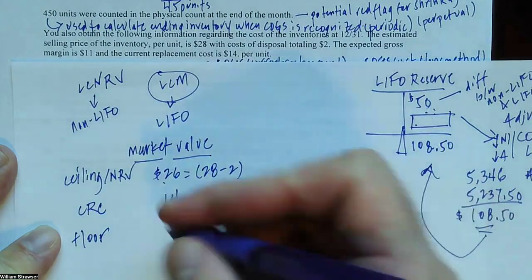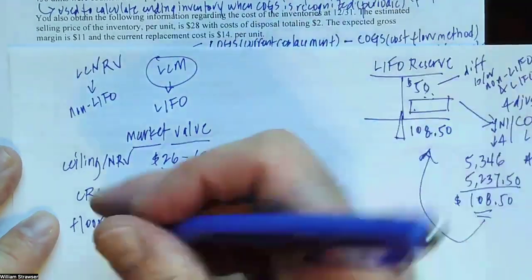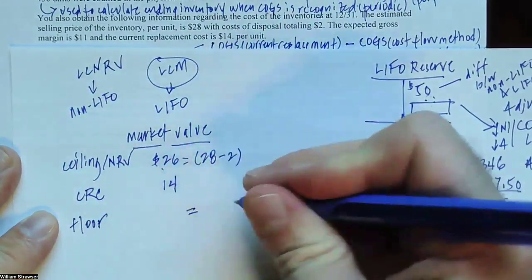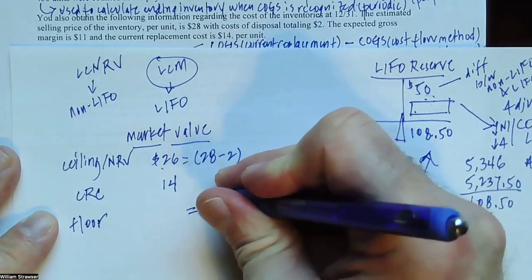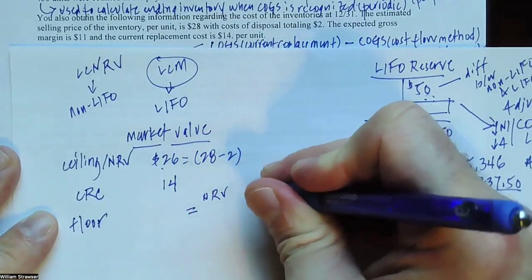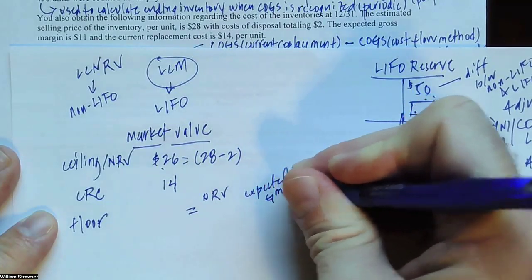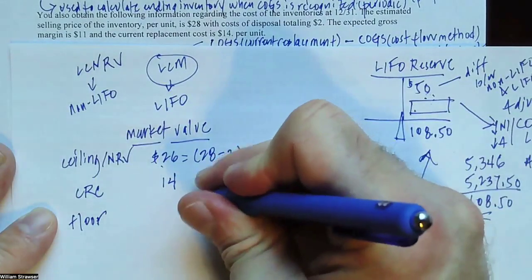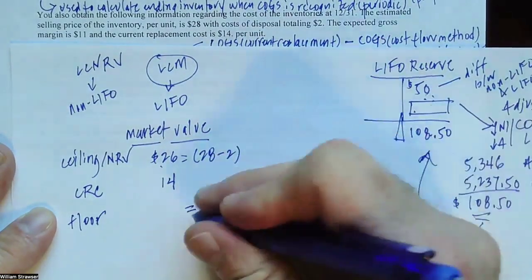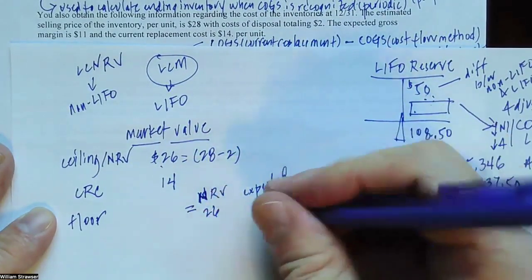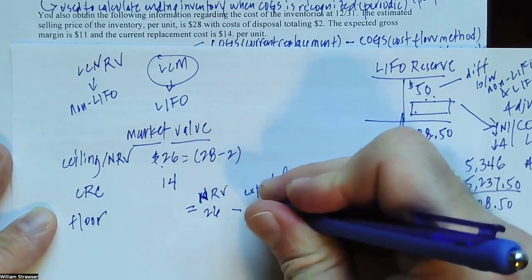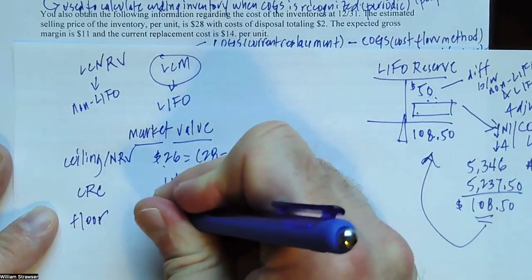And what we do with that gross margin, we use it to calculate the floor, because what the floor becomes is just the NRV minus the expected GM, which is gross profit. Okay, so the NRV here was 26. We have an expected gross margin of 11. And so we have a floor of 15.